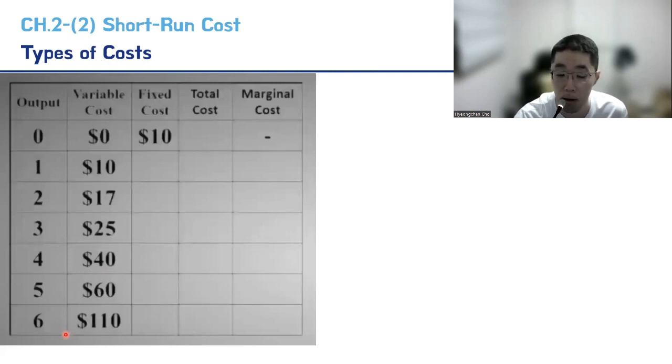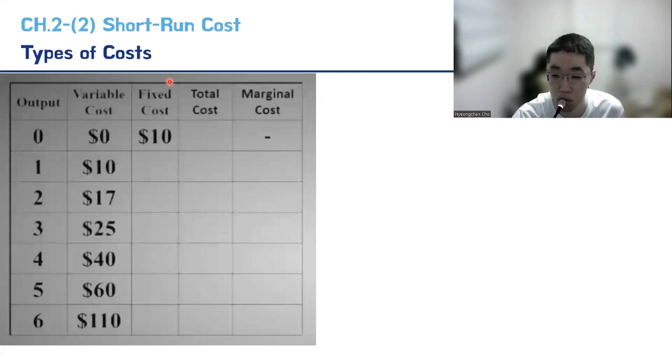We have zero output, and then 1, 2, 3, 4, 5, 6 units that they could produce. I've also given you the variable cost, and the fixed cost of producing no output.